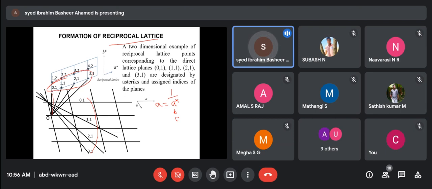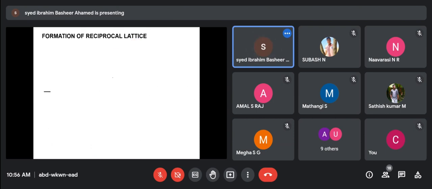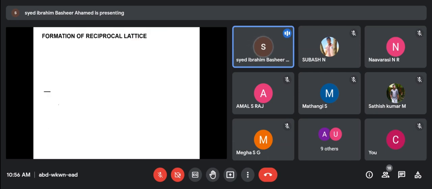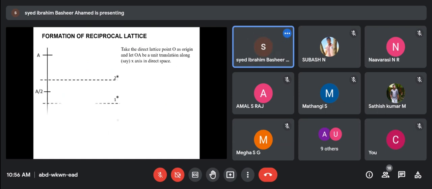So these are like a reciprocal lattice. This is just a theoretical idea. Now we are going to see the formation of the reciprocal lattice. Take a direct lattice point 0 as origin, and let OA be a unit translation along the x-axis in direct space.